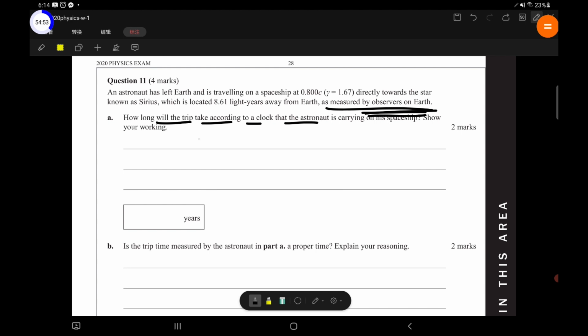Okay, so we need to find proper time. So how will we do this? Well, we know the speed at which the astronaut is traveling, and we also know the distance that he is traveling. All of that's from the observers on the Earth.